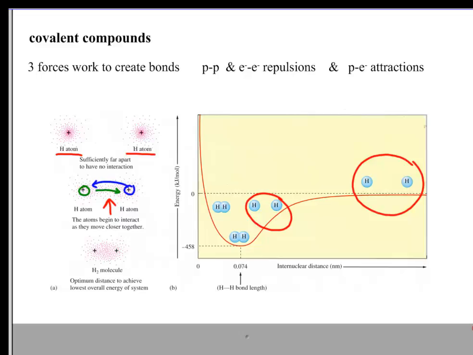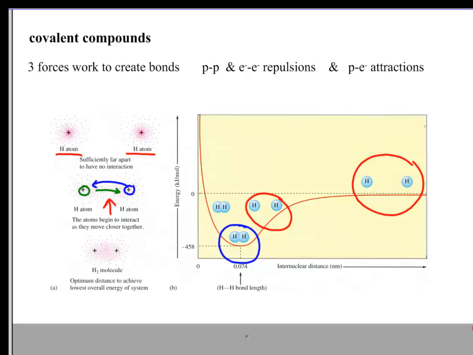So that attraction actually gets stronger as the atoms move closer and closer together. And so what we see at this point is there is some finite distance where the attractive forces between the plus charge of the nucleus and the negative charge of the electron are the strongest, and that's therefore our hydrogen-hydrogen bond length.